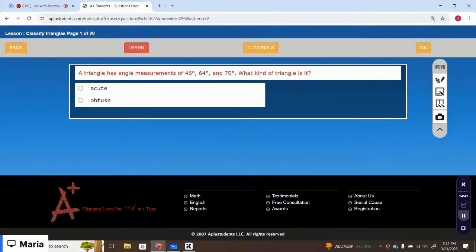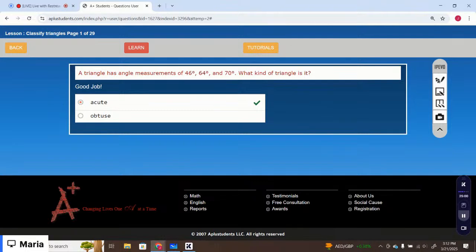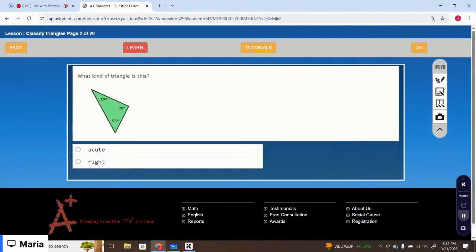A triangle has an angle measurement of 46, 64, and 70 degrees. What kind of triangle is it? All the angle measures are less than 90 degrees. So that is an acute triangle. Option number one is the correct option, acute triangle it is.